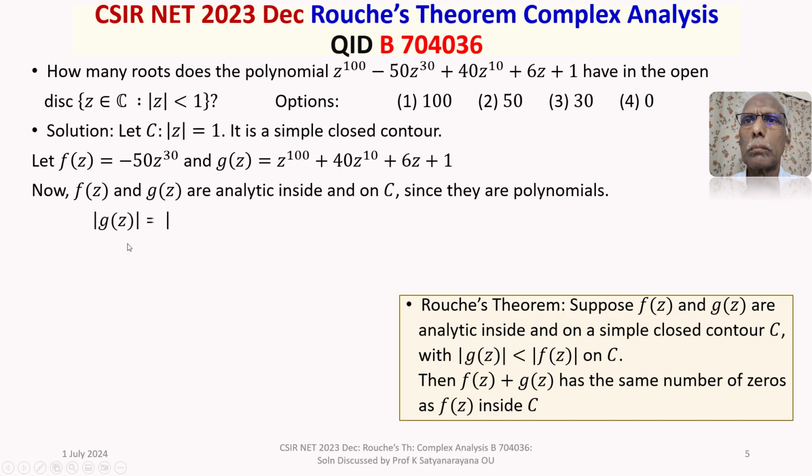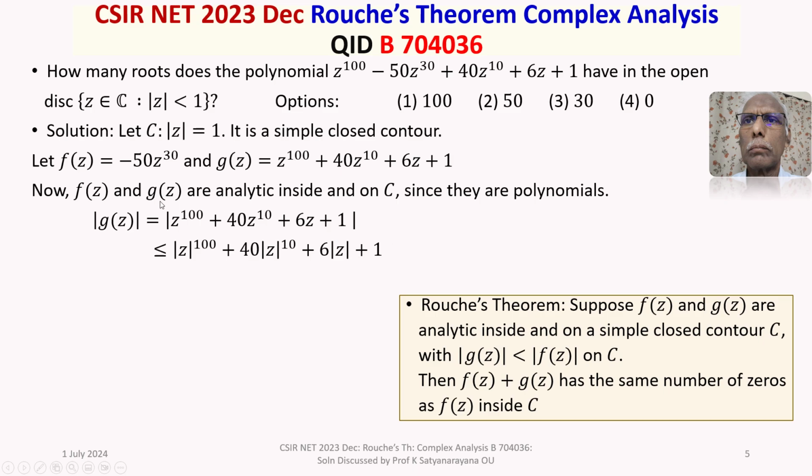Let's take mod of g of z. That is equal to mod of z to the power of 100 plus 40 z to the power of 10 plus 6z plus 1. Modulus of the sum is less than or equal to the sum of their moduli, which is mod z to the power of 100 plus 40 mod z to the power of 10 plus 6 times mod z plus 1.